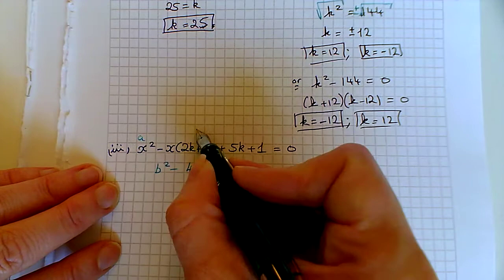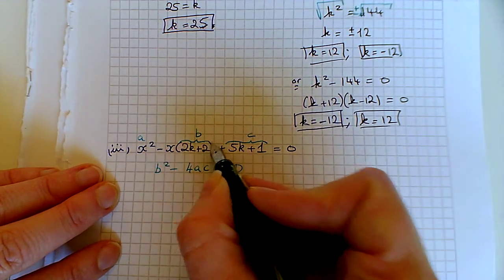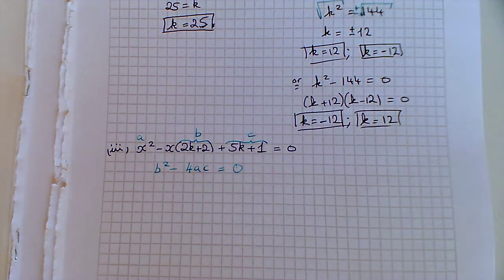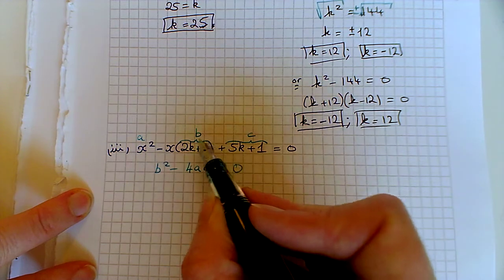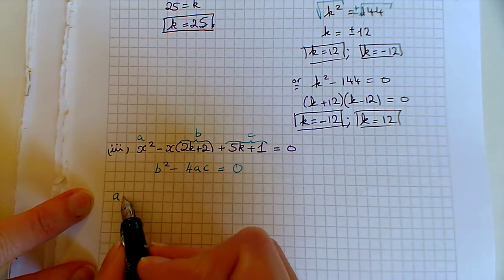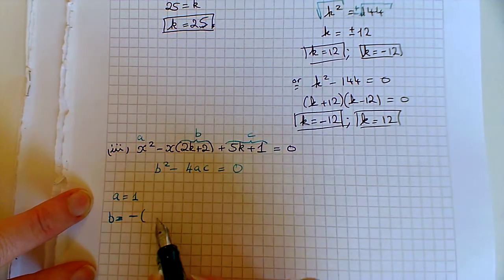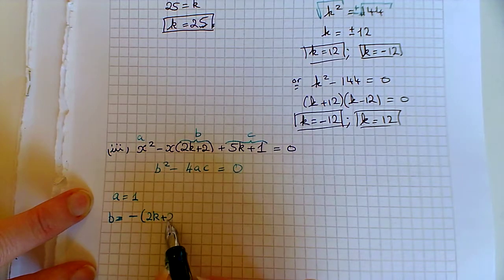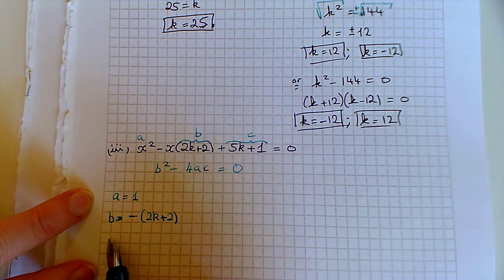But my a, b, and c are a little bit less accessible than previous questions. Everything that multiplies the x here is the b, including the sign. So a is 1, b is minus 2k plus 2, and c is everything that doesn't have an x term. c is the constant, so c is 5k plus 1.